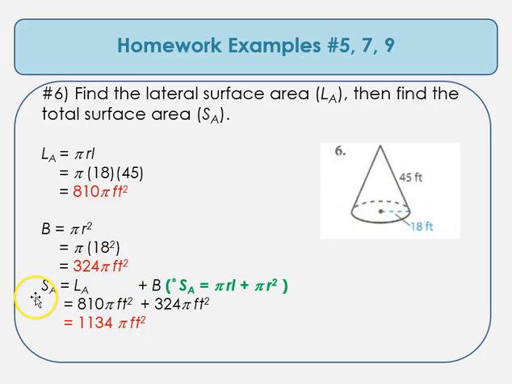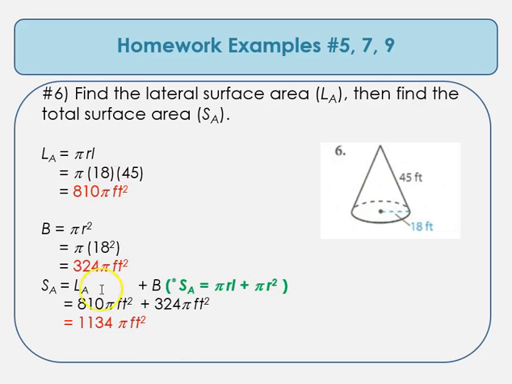And then we'll solve for the total surface area. I have the overall formula written here, but a cone actually has a more specific formula, and I have it on the second slide of this lesson, but also here it is. Its surface area equals pi rL plus pi r squared.